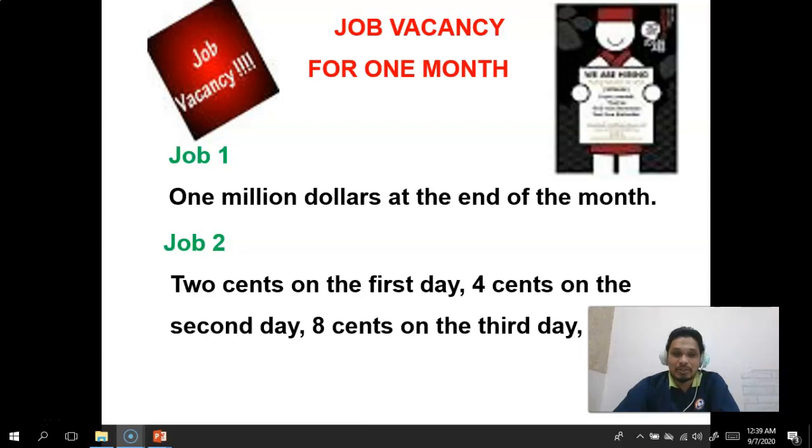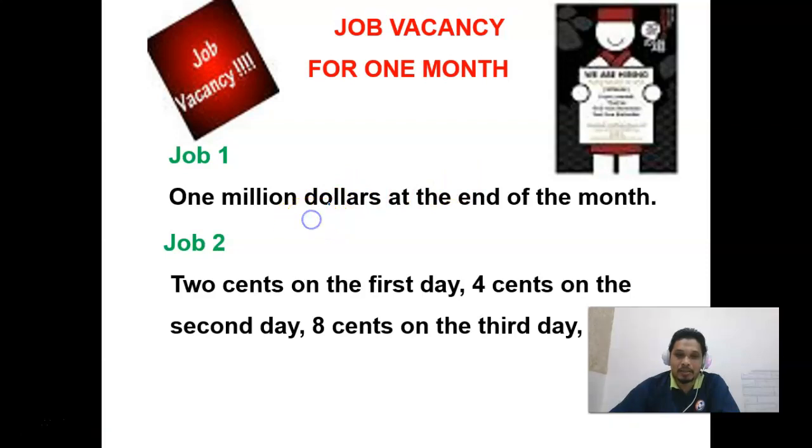Job one and job two. Let's see by calculation which job offers you more, either job one or job two. Okay, which job will you choose? I do believe that most of you will choose job one.